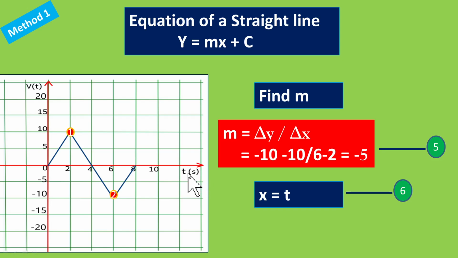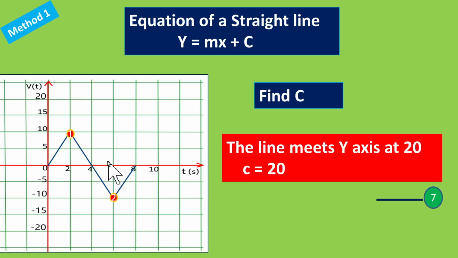X-axis represents the time, so x is equal to t. So for finding c, we need to extend this line segment upward as well as downwards. When you extend this line upwards, it crosses this particular y-axis at the point 20. But if you extend this line downwards, it never meets the y-axis. So this is not the proper way of extending the line. It is enough to extend the line upwards so that it will cut the y-axis at a particular point.